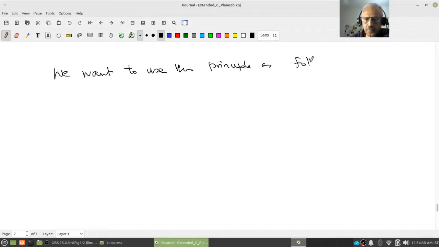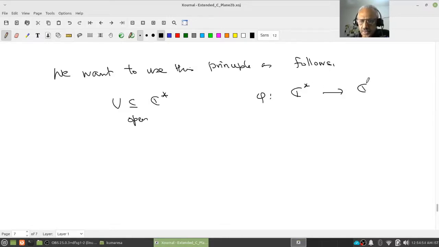As follows. Let us look at U to be an open set in C star. This is open. Let phi be the map from C star to C star, where phi of z is 1 by z. Then we know phi is bijective and phi equals phi inverse, and phi therefore is a holomorphic homeomorphism.